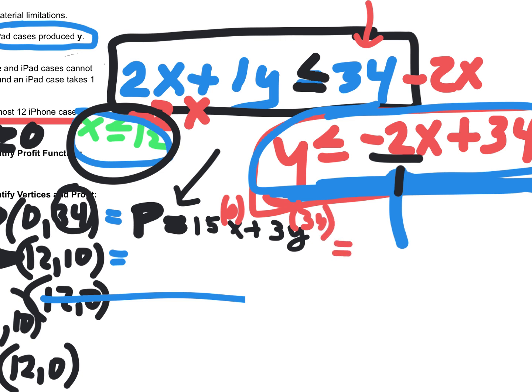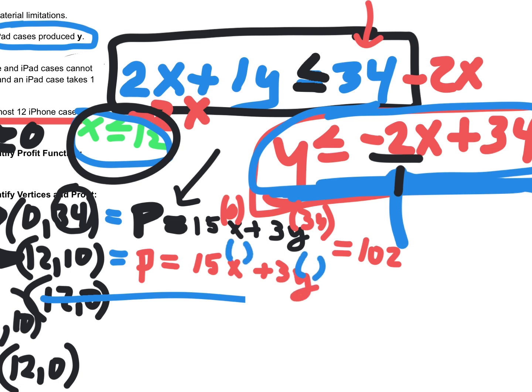If you knew that it was 3 times 34, which would be 102. Anybody have 102 before I said it? Sweet. This other one is 15 for each X plus 3 for each Y, and you stick in your X and your Y from this point and figure it out. That's on you.